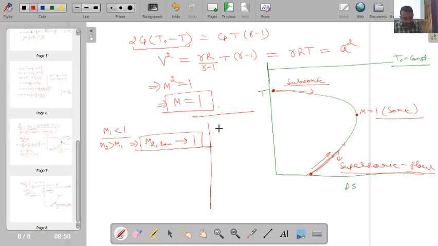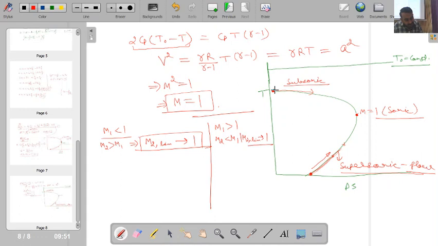If you take the supersonic flow situation, M2 will be less than M1. As you move along this line, the Mach number decreases, and for the limiting value M2 once again becomes 1.